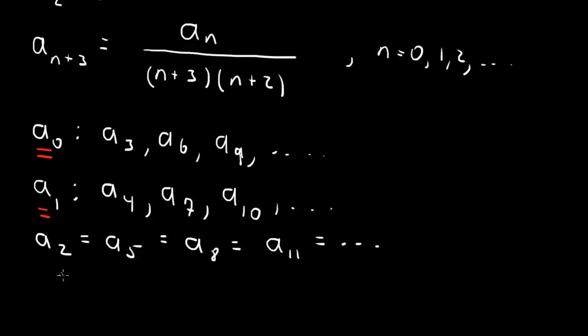So we can find, say, the first 4 coefficients. If we start with a0, then we can get a3, with n equals 0 here, and that gives us a3 is a0 over 3 times 2.